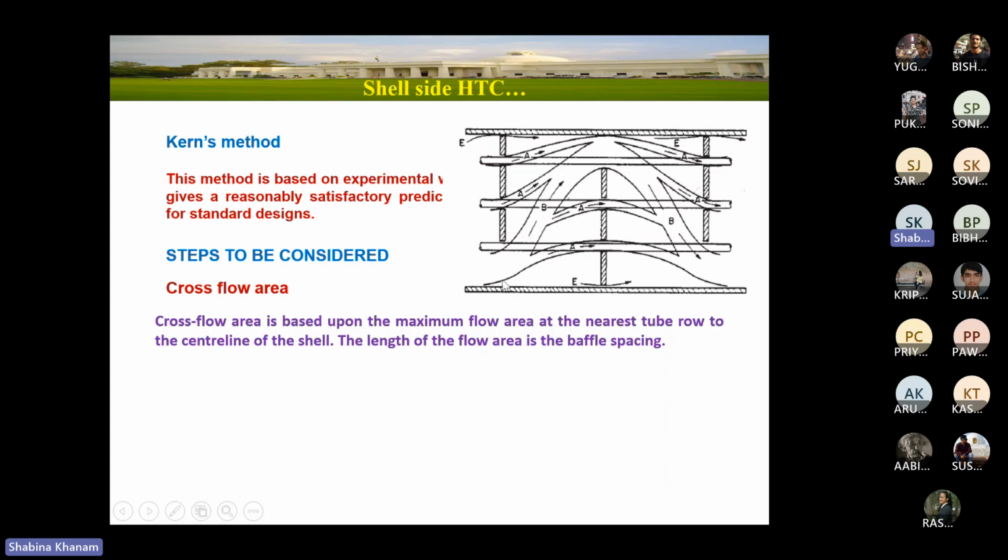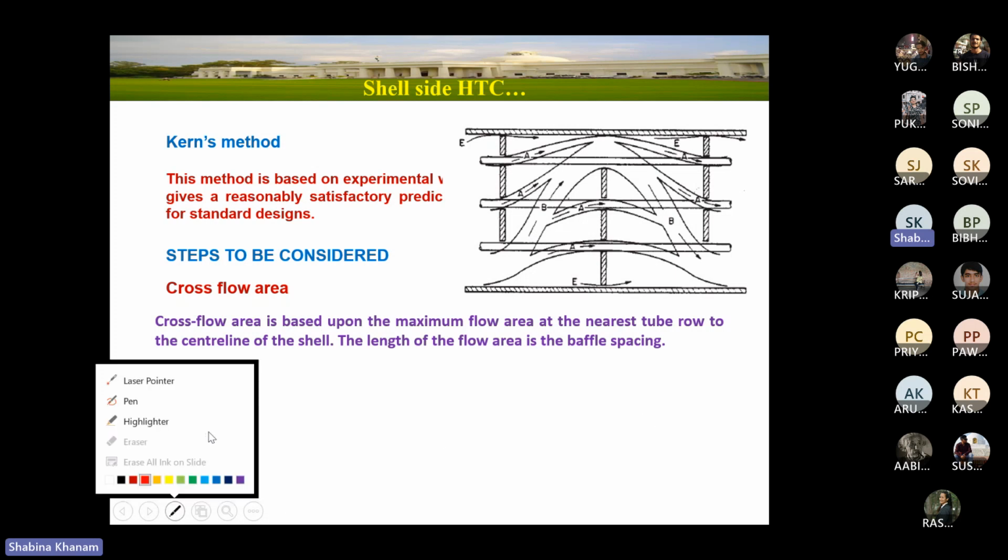Cross flow area is easy to predict, no problem, but in the cross flow area you need to consider the maximum flow area, and you will find it at the center, because let me discuss that.